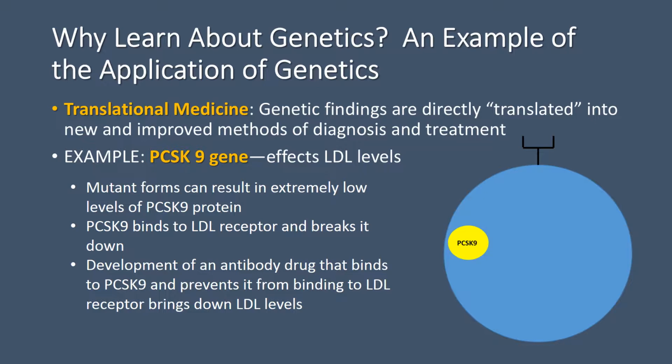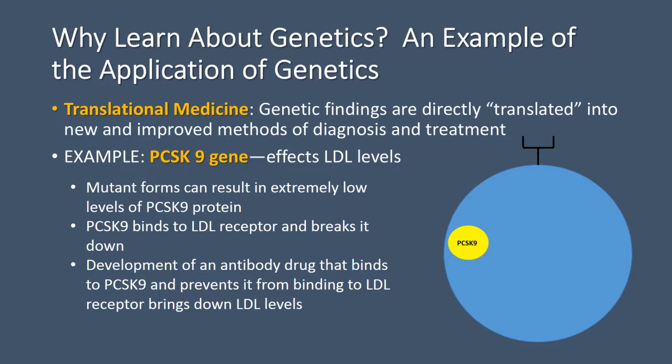One of the examples the book gives is the PCSK9 gene and how it affects LDL levels. We know LDL cholesterol is an important factor in heart disease, and there are several drugs on the market that lower LDL, but this is an alternative way to lower LDL.